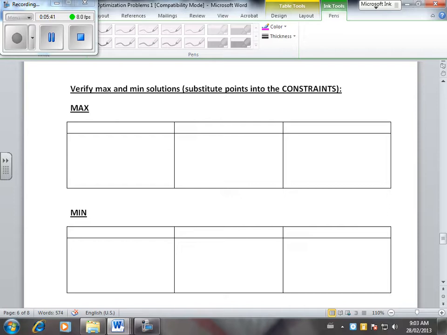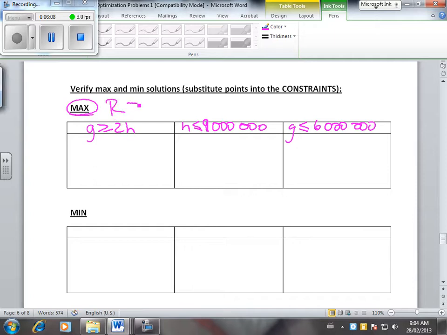So we write in our inequalities that we came up with. H is less than or equal to 9 million, and G is less than or equal to 6 million. And we just fill it in. So we're going to use our maximum.